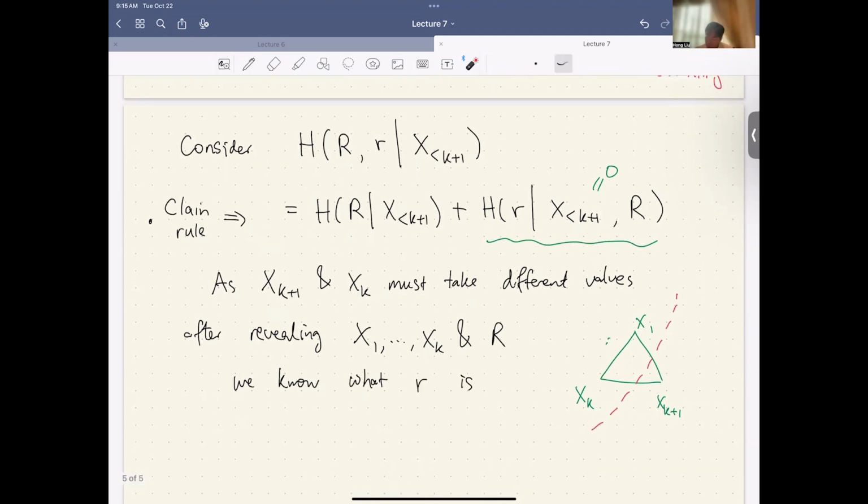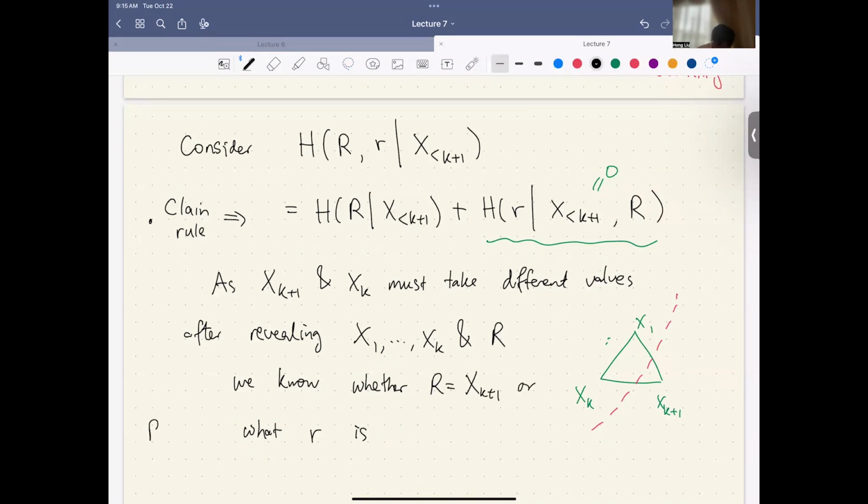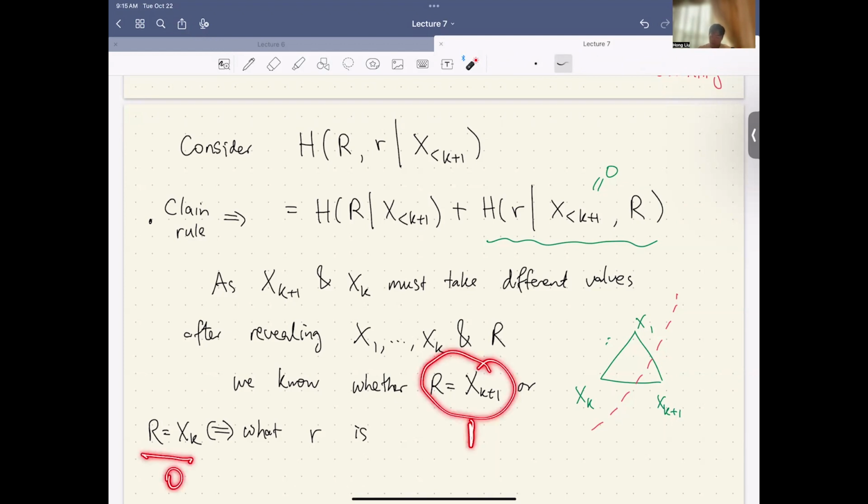Because, maybe this is a little bit fast, we know whether R equals xk plus 1 or R equals xk, which is equivalent to knowing what little r is. Because in the previous case, little r equals 1, and in the latter case, little r equals 0.